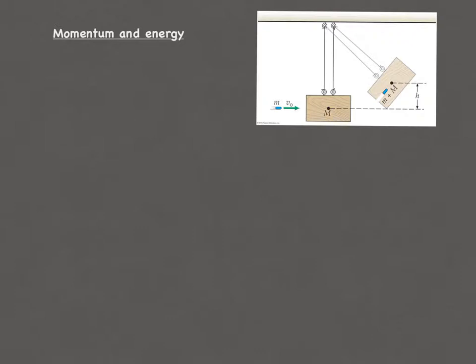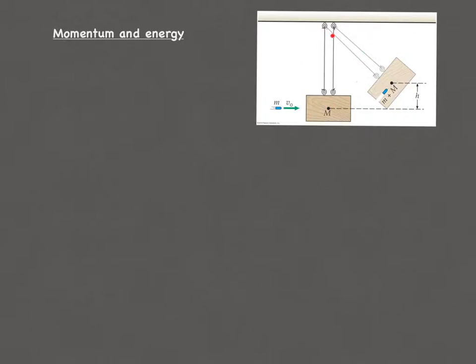Okay, first we have to think about when the collision occurs and when we have to use momentum versus when the change in energy occurs. So in this situation, the bullet is colliding with the block, and it's colliding along that plane right there. Now, once this bullet sticks into this block, it's going to try to continue moving forward.